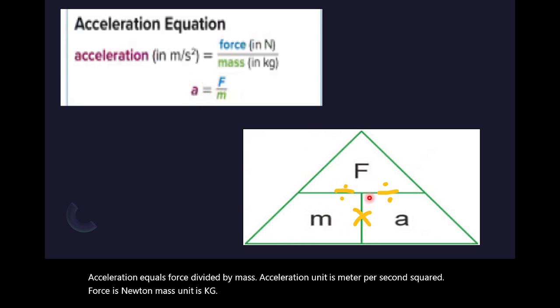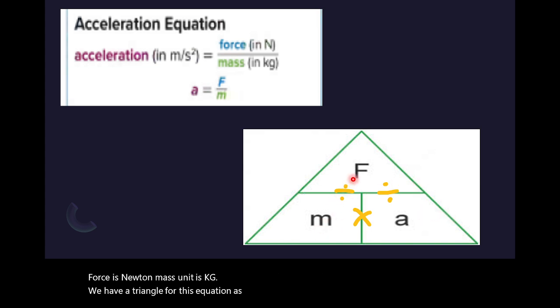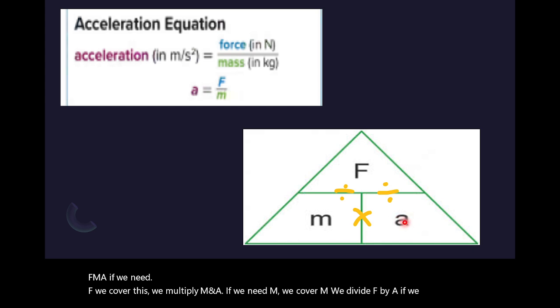We have a triangle for this equation as well, F, M, A. If we need F, we cover F and multiply M and A. If we need M, we cover M and divide F by A. If we need A, we cover A and divide F by M.